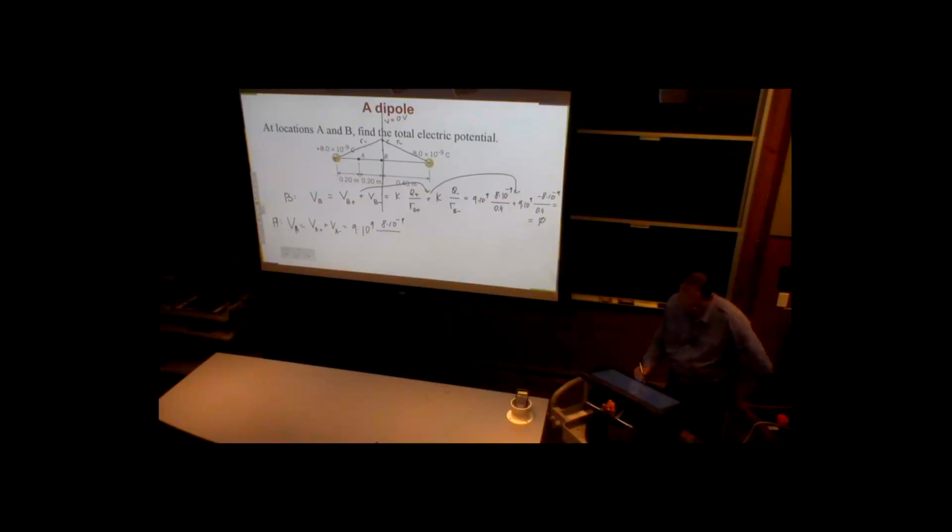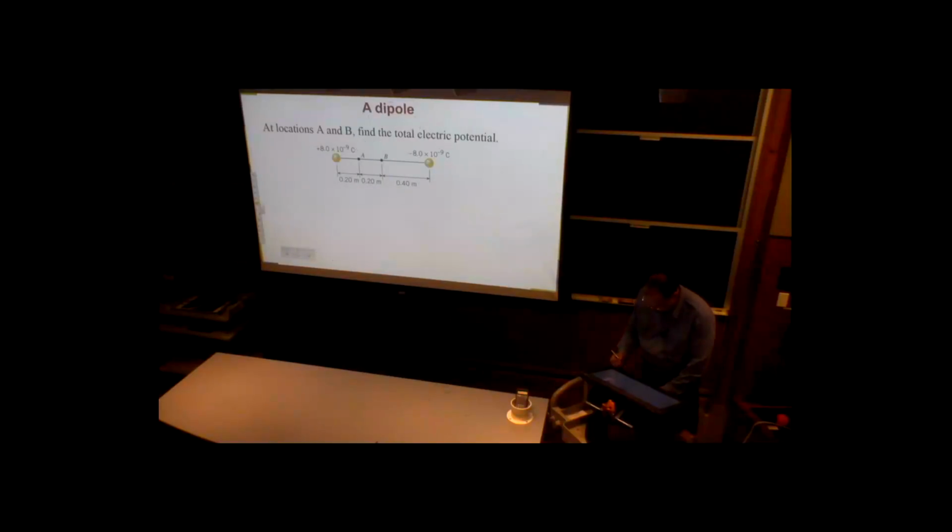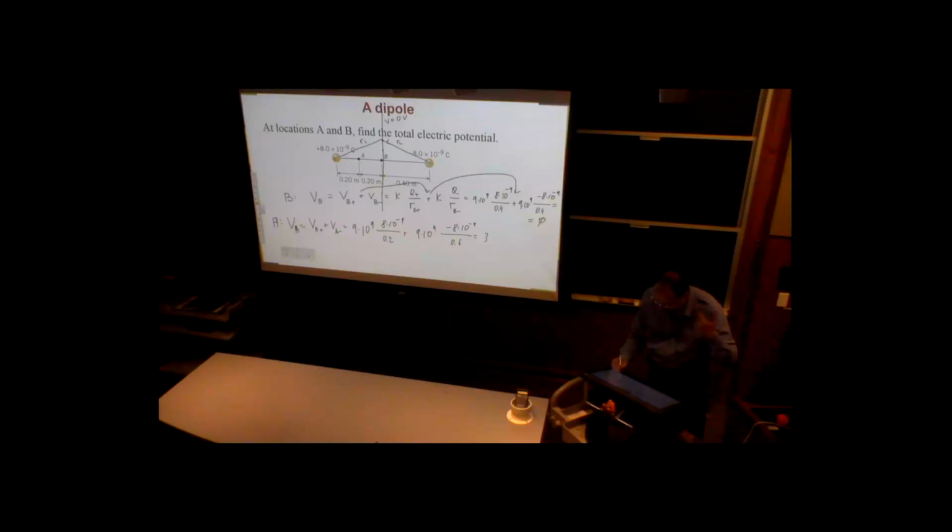From plus to A, the distance is 0.2, plus 9 times 10 to the 9th. A charge is negative, and the distance from minus to A equals what number? 0.6. So now we just have to finish this calculation, and the answer is 240. See how fast I can calculate in my mind.